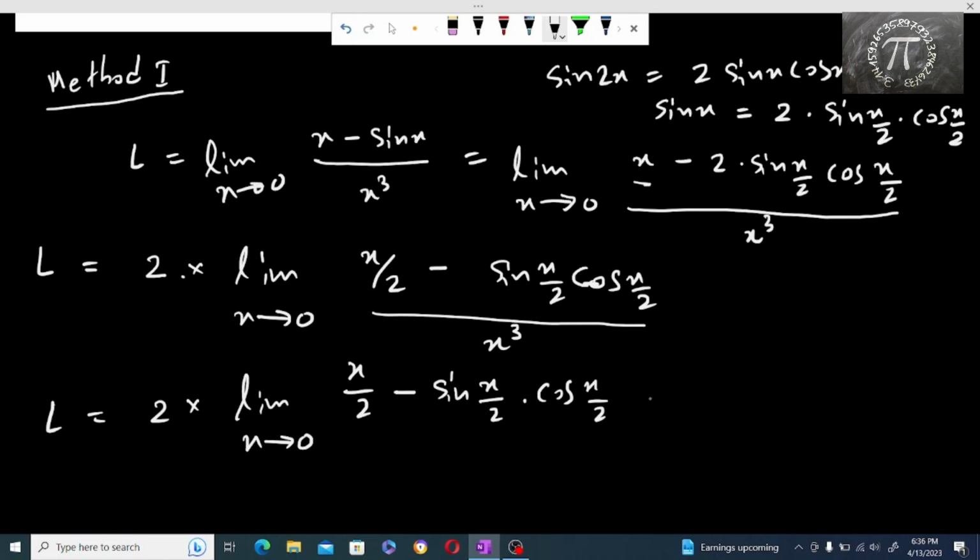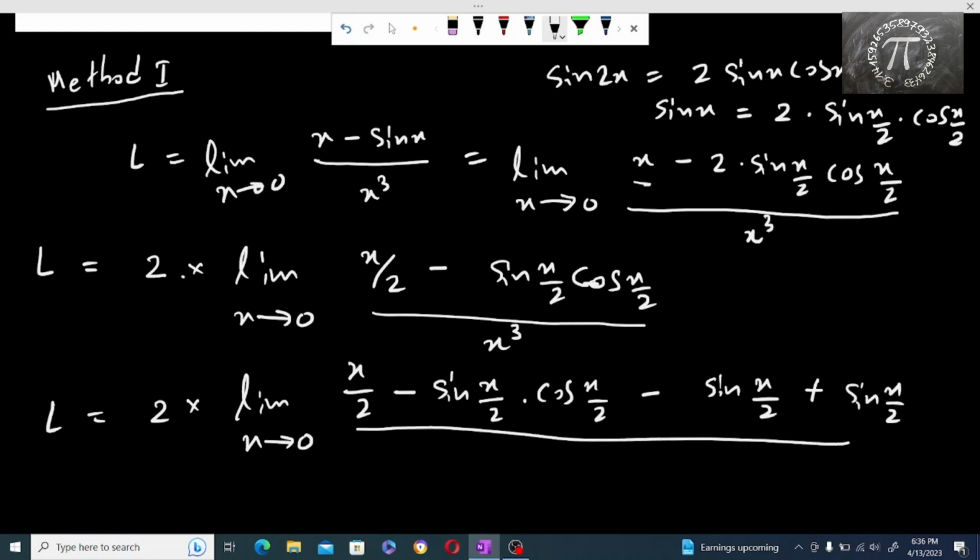I am going to deduct sin(x/2) here, so we also have to add sin(x/2), dividing the whole thing by x to the power 3.